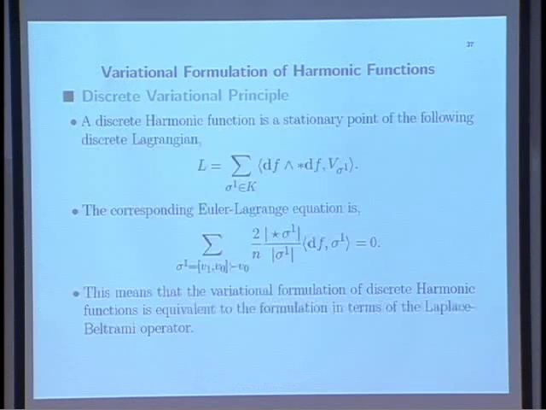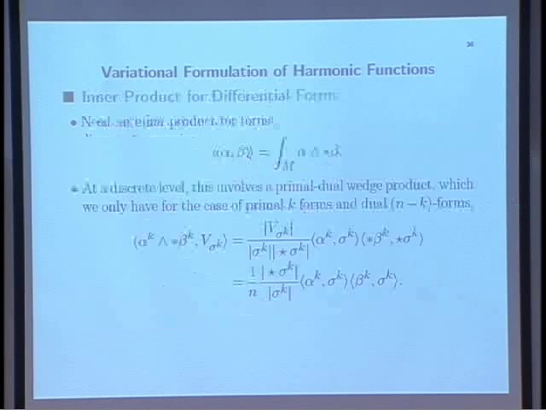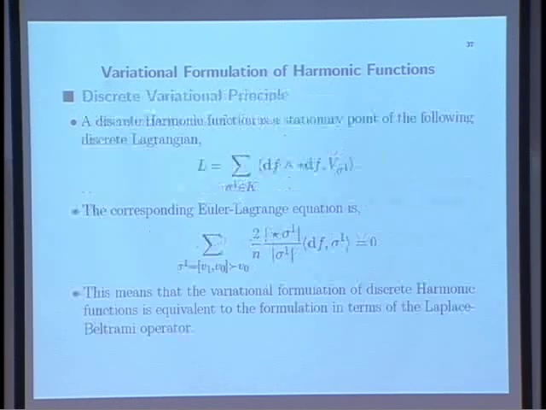And what happens now is that you want to look at the variational formulation of harmonic functions. And you write down the corresponding discrete Lagrangians, just given by this. So basically, if you look at the inner product applied to d alpha comma d alpha, which is what this is, or df comma df, then you get the Lagrangian for harmonic maps, harmonic functions, and then you look at the corresponding Euler-Lagrange equations, and it turns out that you have this expression here.